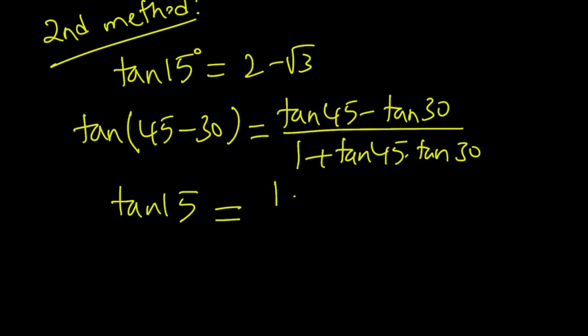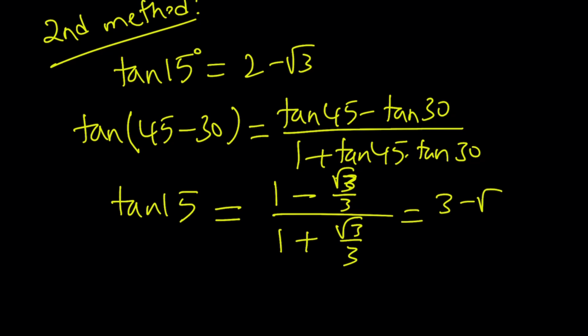Tangent 45 is 1. Tangent 30 is square root of 3/3. And then the bottom is going to be 1 plus 1 times the square root of 3/3. Here we go. Multiply the top and the bottom by 3, and you get 3 minus root 3 divided by 3 plus root 3. Awesome.